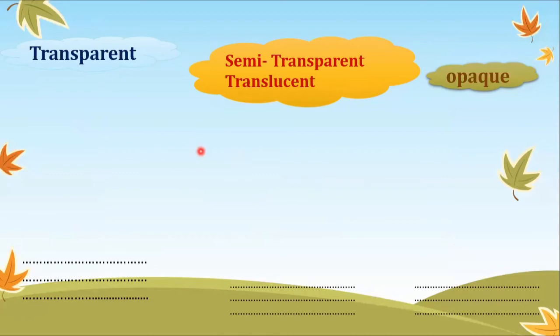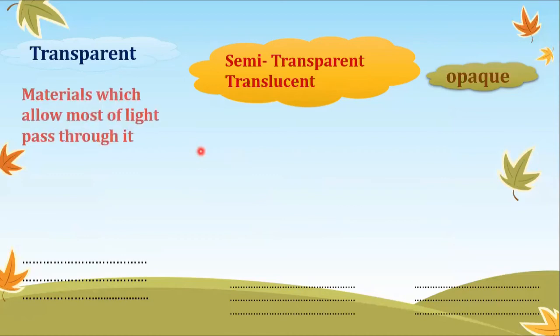Number one, transparent. Transparent are materials which allow most of light. Let's make a circle around most and highlight it because it's very important.